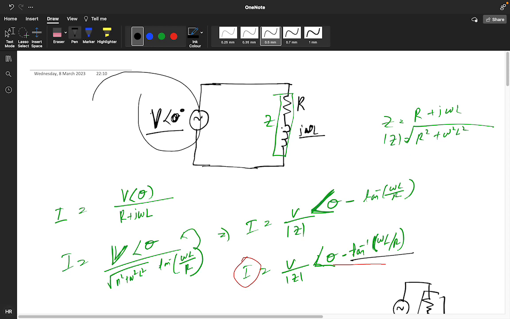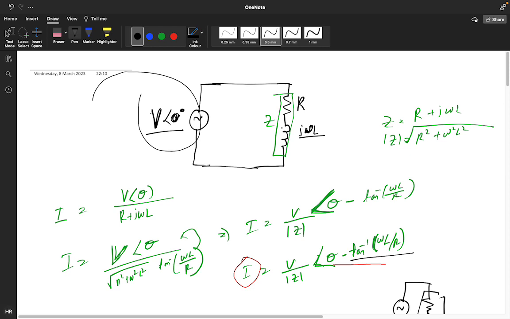Okay, Prasanna. So this is the combination of R and L. When we study the combination of R and C, then you will get to know this thing. And in a parallel RL circuit and in a parallel RC circuit, we'll repeat this concept again and again, four or five times.